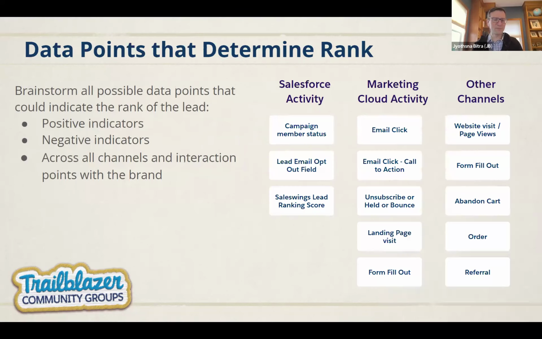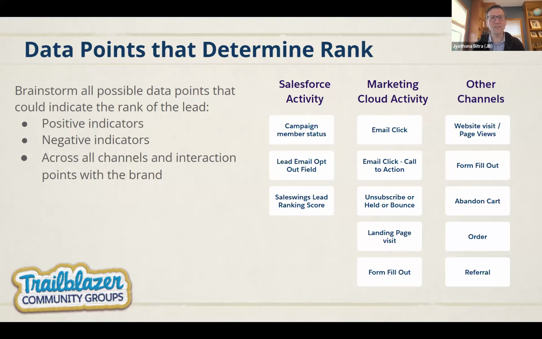So, brainstorming different ways that you can determine the rank. This is not an exhaustive list, but you could think about doing some sort of whiteboarding session if you're developing your first lead ranking system.